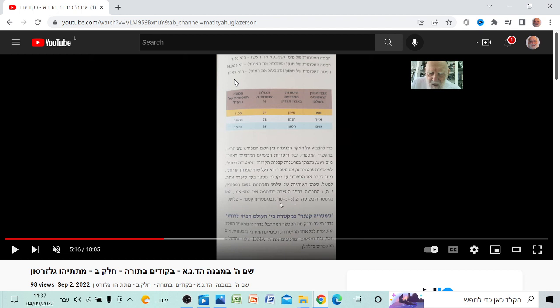So here you have exactly in Hebrew the explanation, which is fire, which has to do with hydrogen, 1.00. As we said, air, which has to do with nitrogen, which is 14.00.